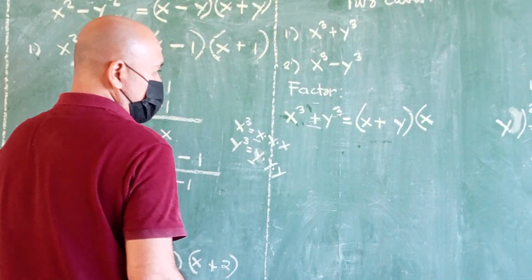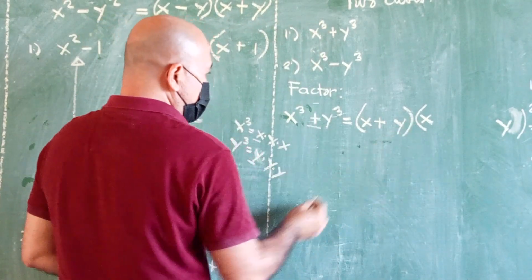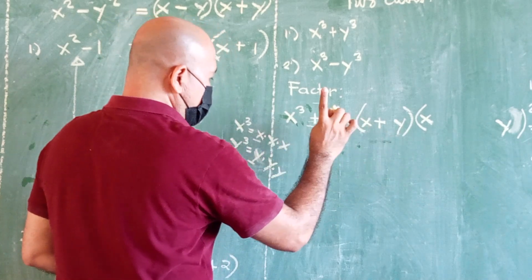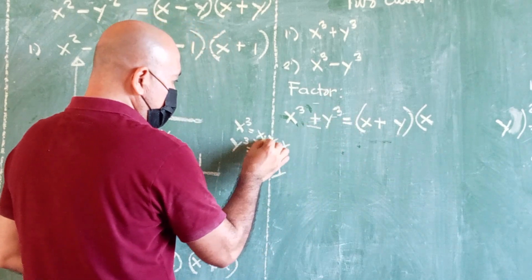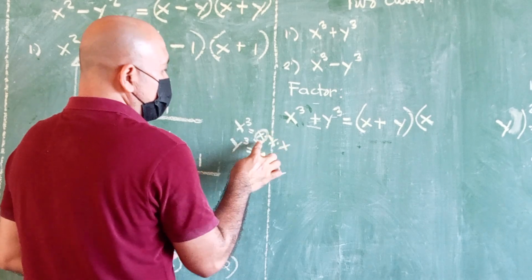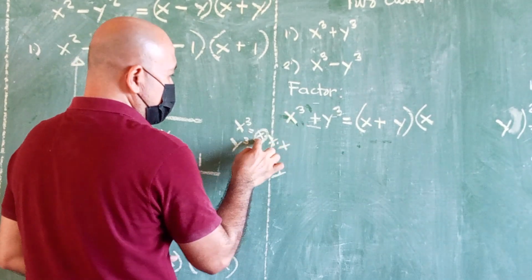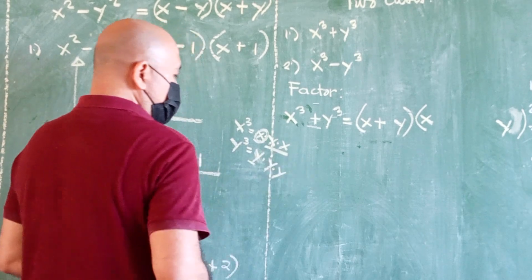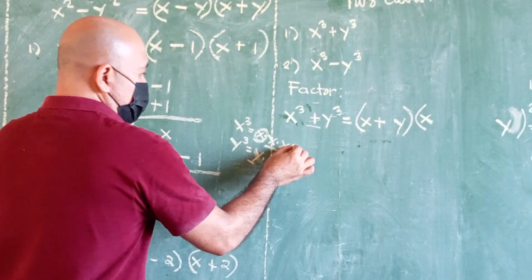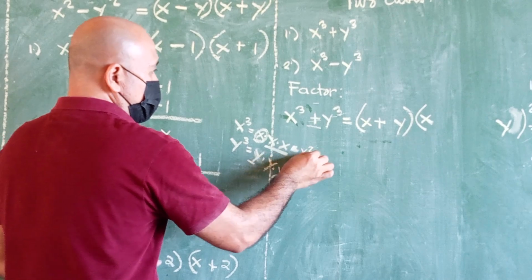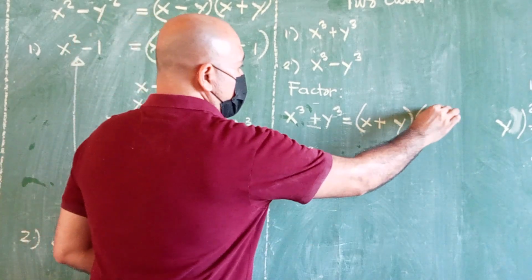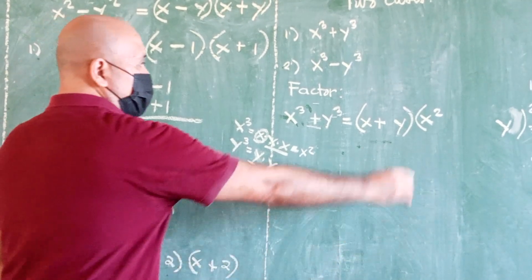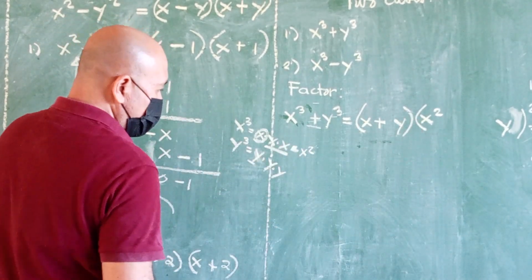And this time, what will happen here is that for the first factor, which is the binomial, you factor out the cube root of x cubed, which is x. So what remains here is x squared. That will be the first term of your second factor.